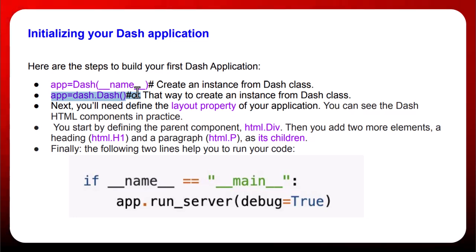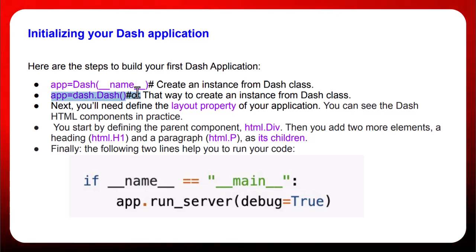Let's say that we have a data set about newborns. Then we're going to talk a little bit about where this data set comes from, what the intention of your project is, how you're going to describe it, how many graphs we need, and so on. And then html.P, this is a paragraph, and its children.